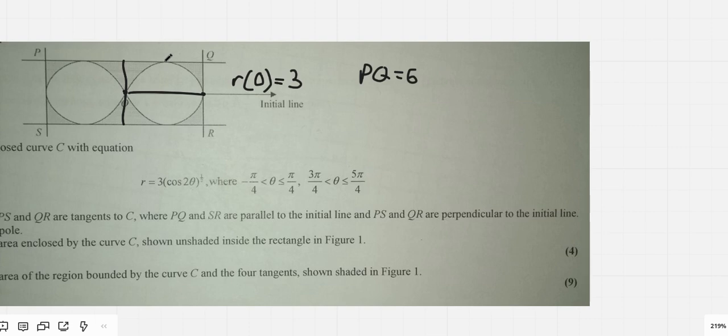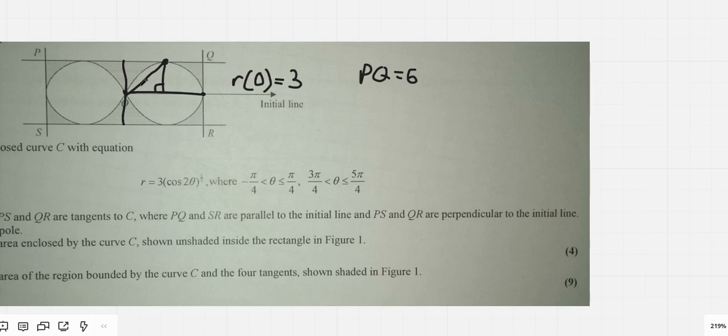Now we want to find the other length, QR, and this one's a little bit trickier. We can look at, again, half of QR. So this little leg that we make by dropping a perpendicular here.